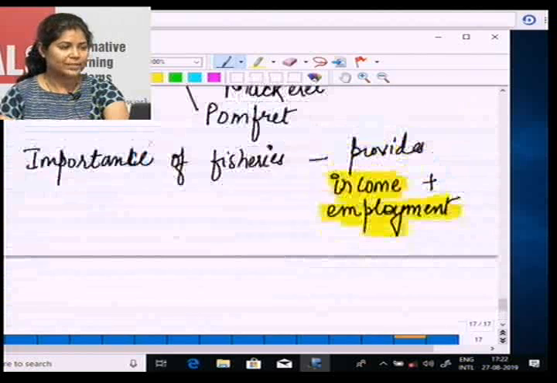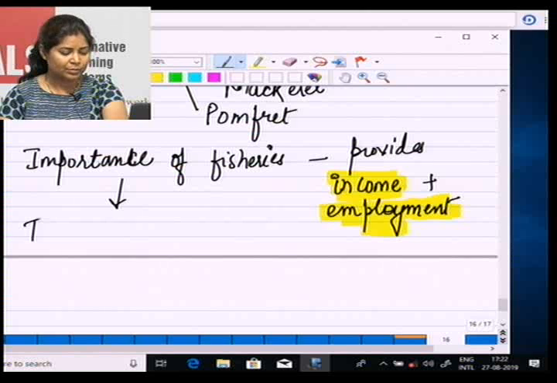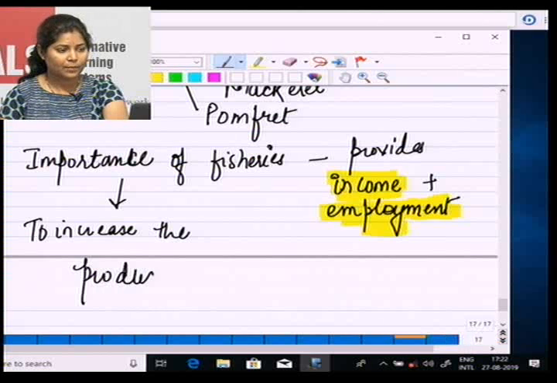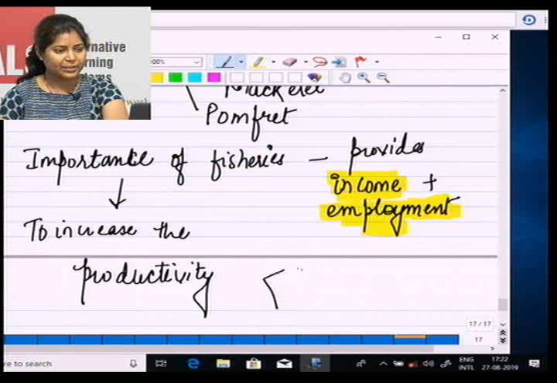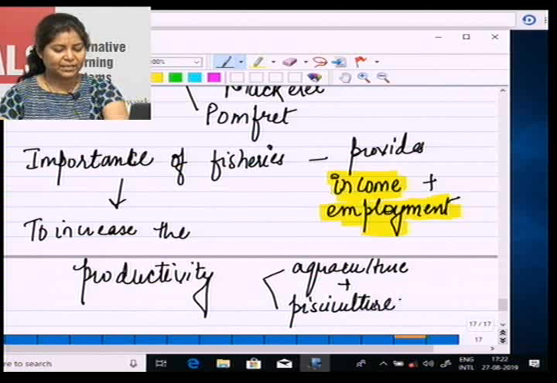So what can you do to increase the productivity? You can have two things: aquaculture as well as pisciculture.